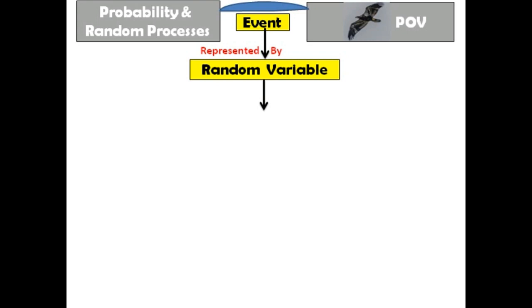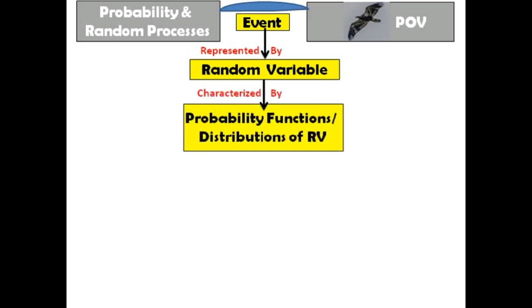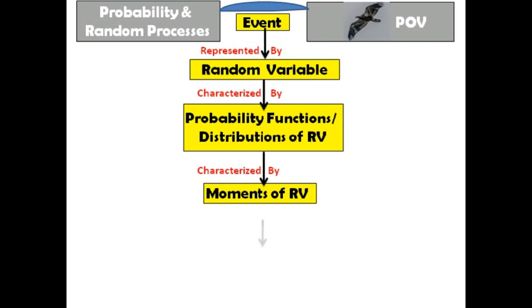random variables are characterized by probability functions which carry all the probability information related to the random variable. Next, these probability functions of random variables are characterized and represented by moments of the random variable. Moments are defined to carry all the significant probability related information of a random variable, and are generated by moment generating functions.